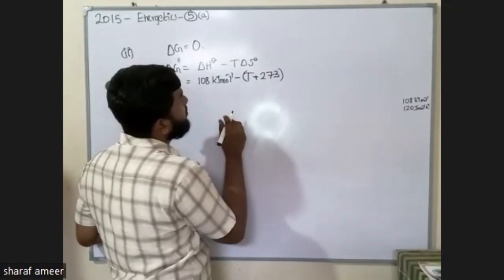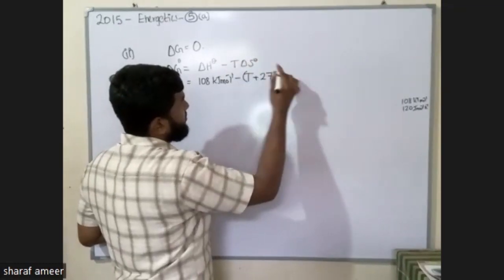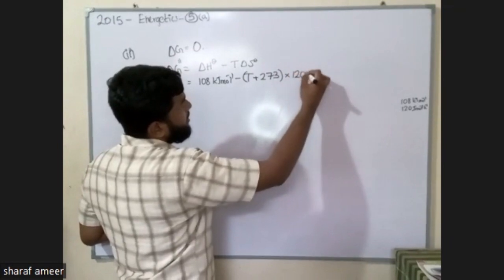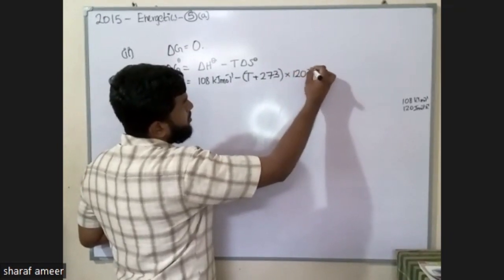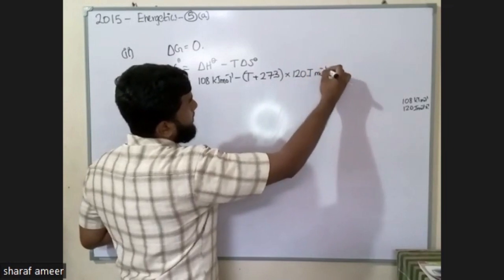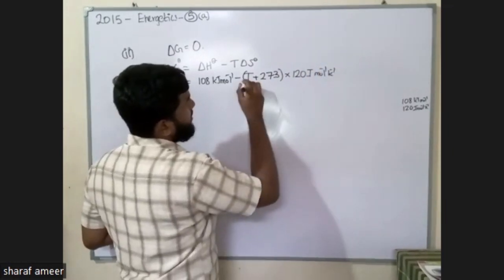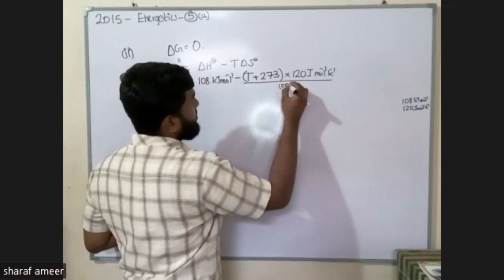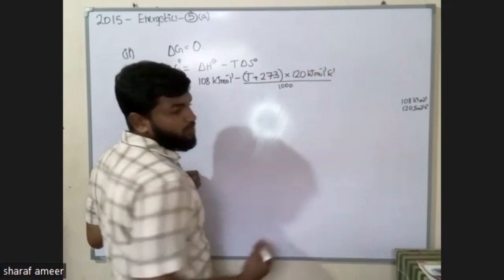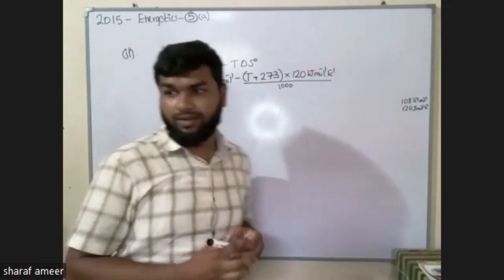Understood? This is the Kelvin temperature, into 120 joule per mole per Kelvin. If you divide this by 1000, you can get kilojoule.